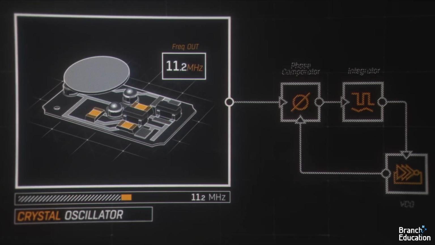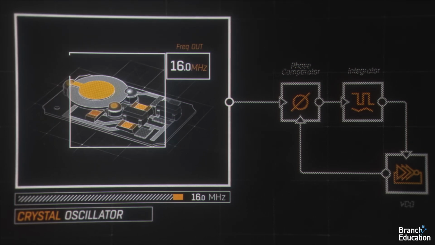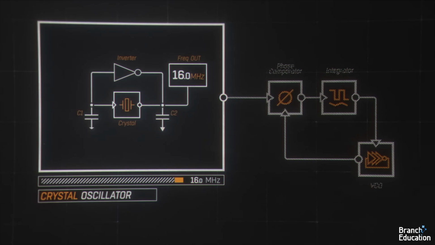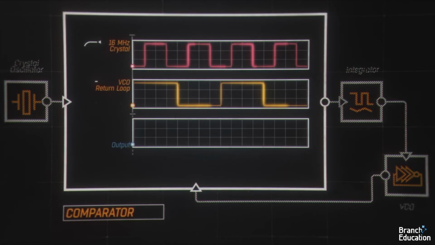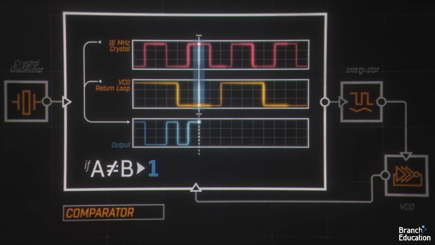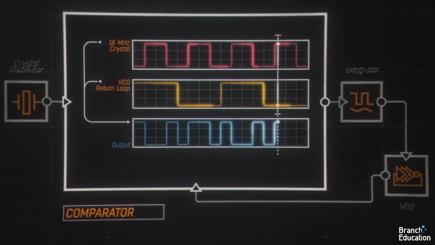But by changing the crystal's geometry and placing electrodes on the top and bottom, we get a crystal with a faster resonant frequency. And again, this crystal is placed in a feedback loop of its own to produce a stable resonant frequency. In the middle is a frequency and phase comparator that outputs a signal equal to the difference between the crystal and the voltage-controlled oscillator.